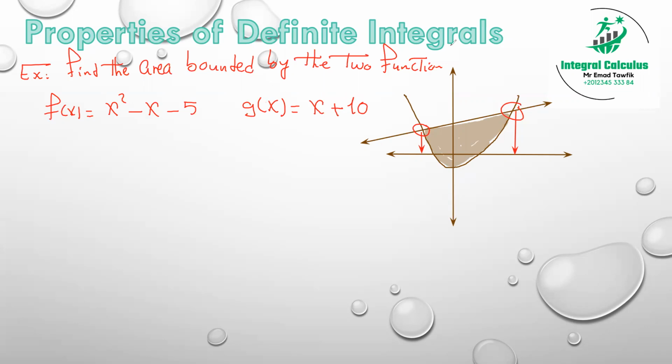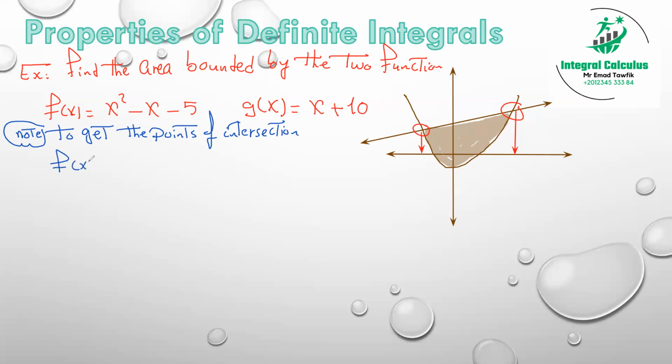Step number 1, to get the enclosed area between these two functions, you have to work on the points of intersection. You have to know where the shaded area starts and ends. To get the points of intersection, we make f of x equal to g of x.